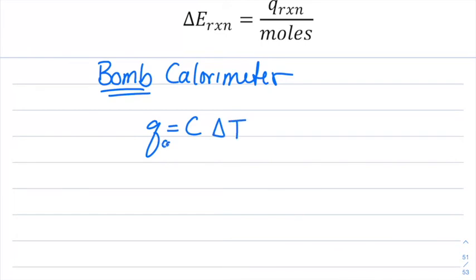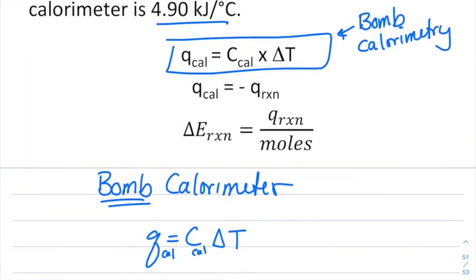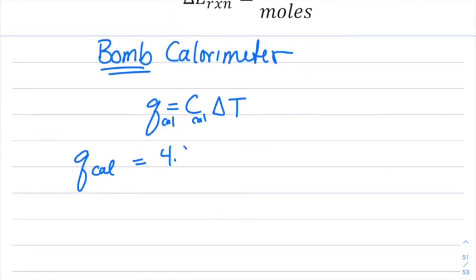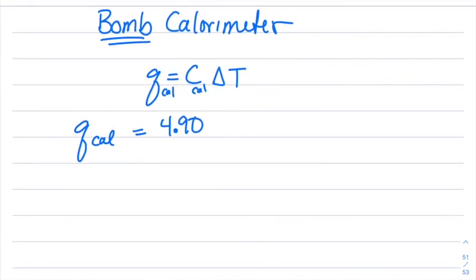And this is Q for the calorimeter, and this is C for the calorimeter. All right, so we want to know how much heat will be gained by the calorimeter. So we start off with our C value, 4.90. And it has units of kilojoules divided by degrees Celsius.